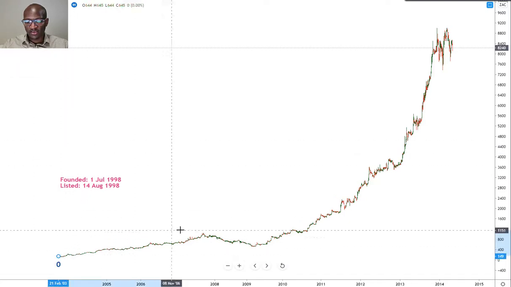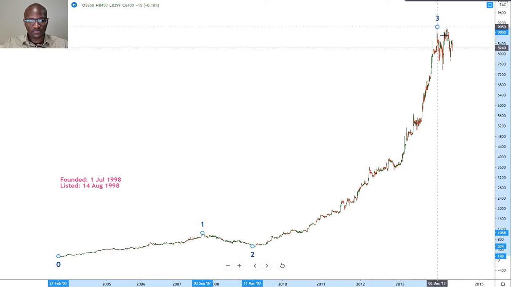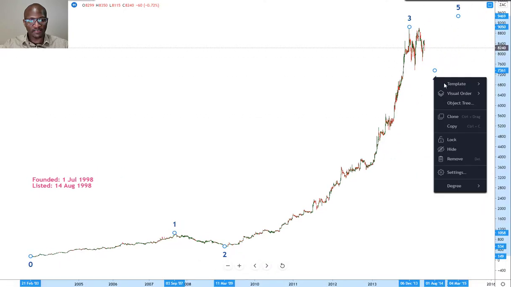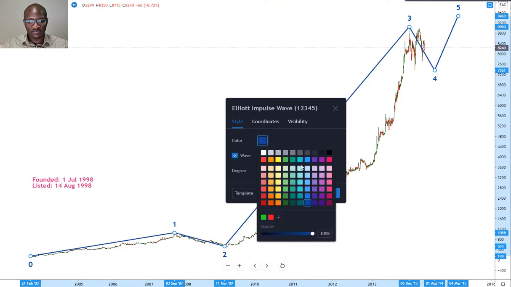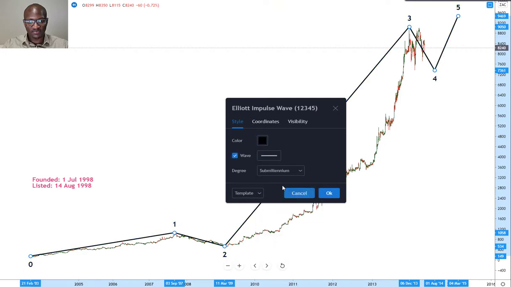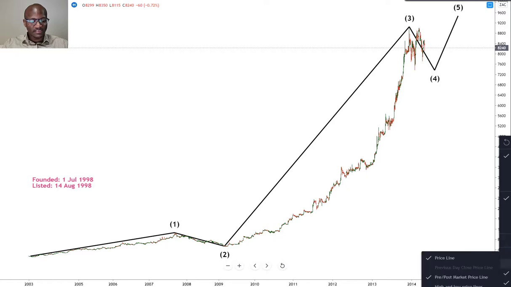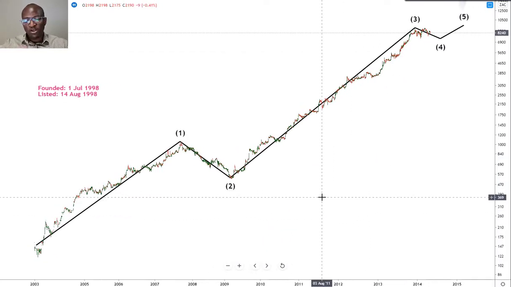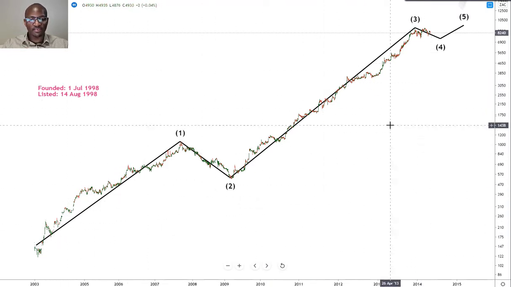We were in wave 4 and we were to build wave 5. So just to highlight this. Okay, so as I explained in part 1 of the video, an upward movement occurs in 5 waves, labeled 1, 2, 3, 4, 5.